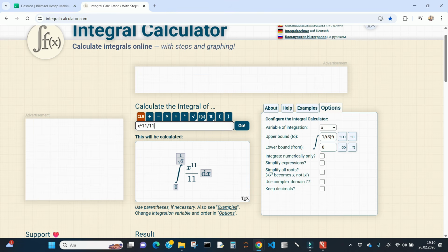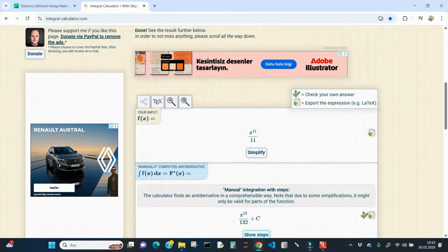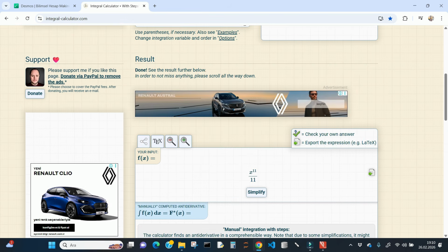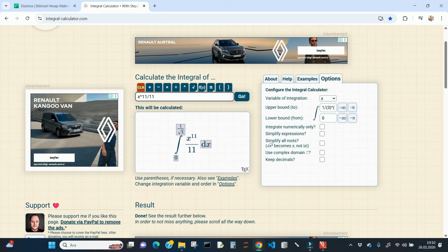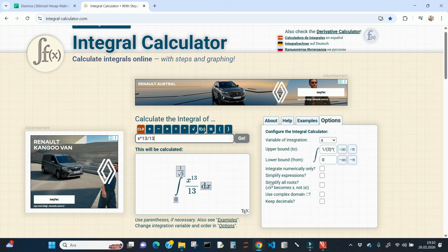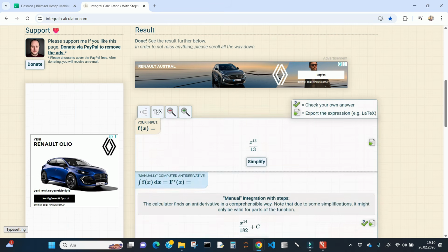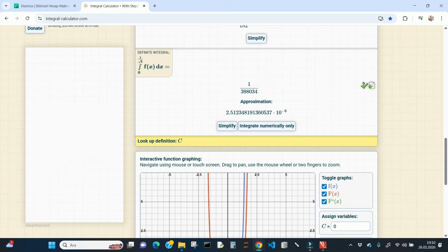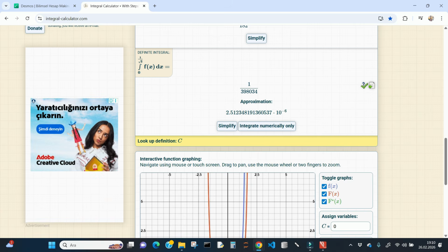And so if I make the power 11, the value will be, as you see from here, again not less than 10 to the power of minus 6. So I will replace 11 with 13 now. And if you replace this value, the integral will be this one. Possibly the next value will be less than the number that we look for.